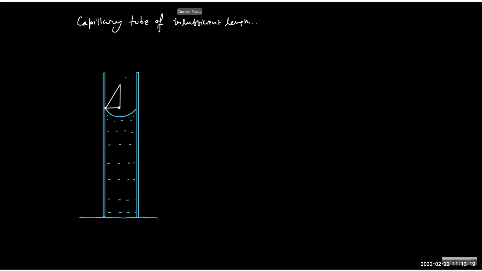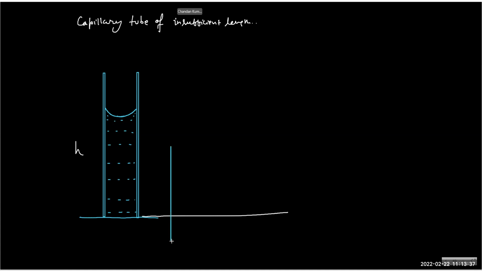Imagine, okay, this is the capillary and this is the rise of the liquid up to height H. But now what if you bring a tube which is quite smaller than this?